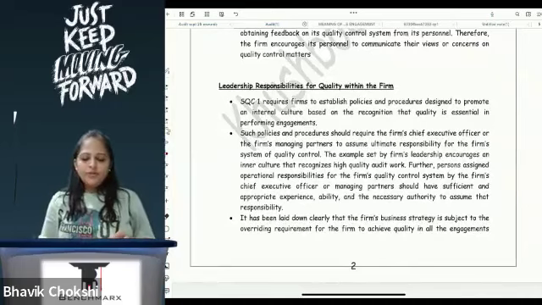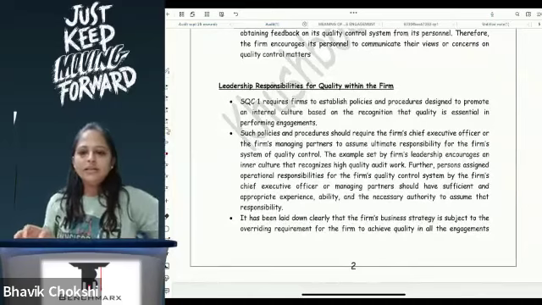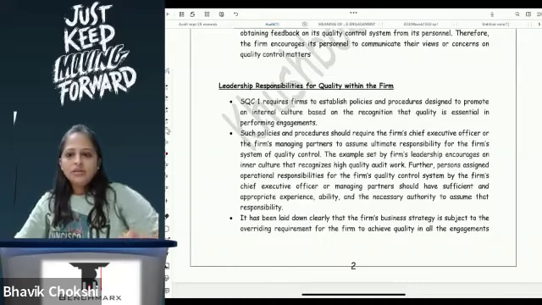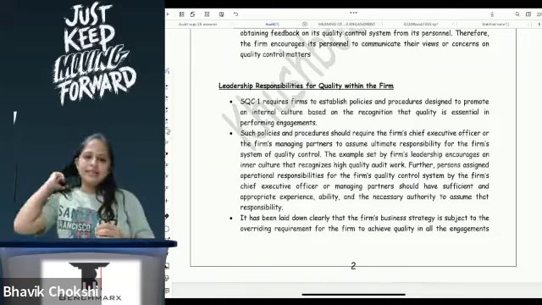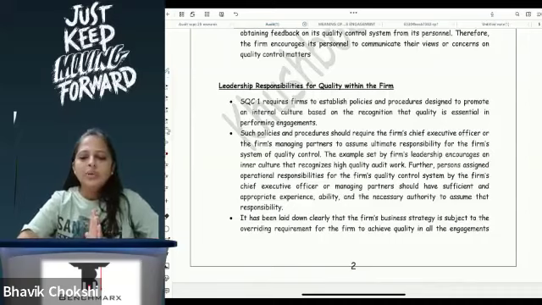Now, the first thing that we are talking about is the leadership responsibility for quality within the firm. Your leader, the head basically, is someone who is going to determine how the entire structure of the firm looks.